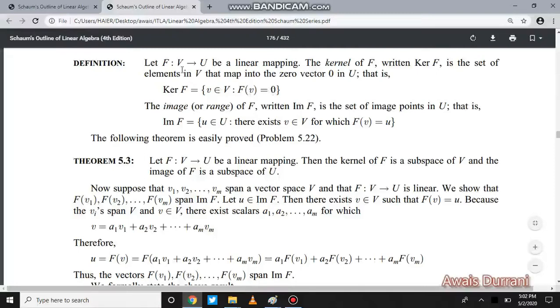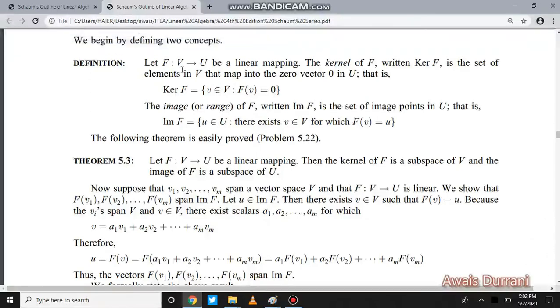This was our first definition which we are studying in today's topic, and the second definition is the image or range of a linear transformation f. So what is the image of f or the range of f? Of course, it is similar to the image of, for example, a set.